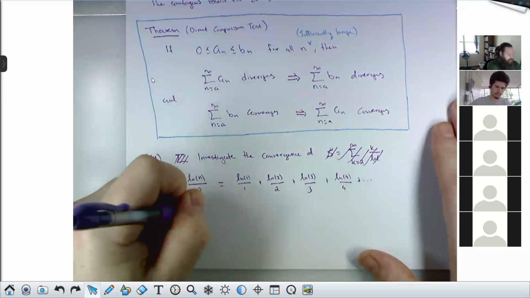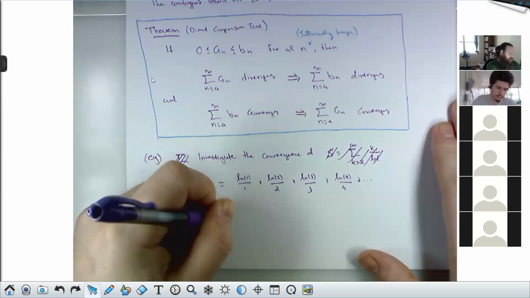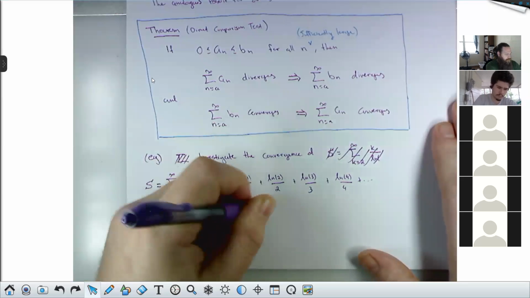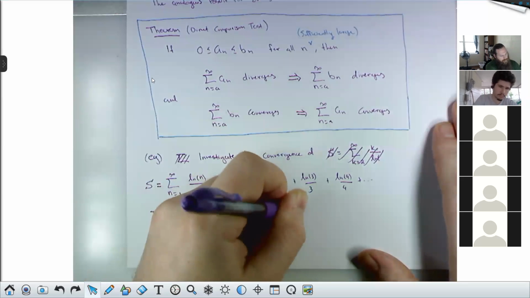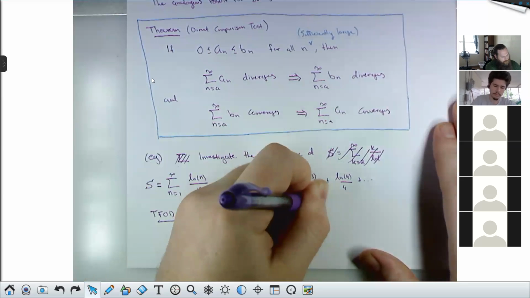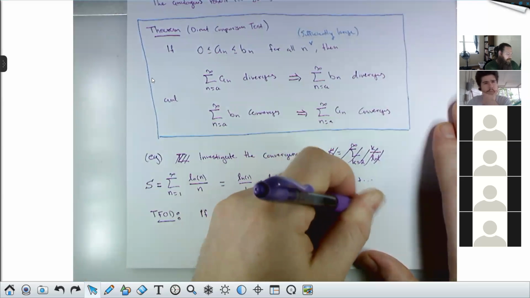This says, if the limit as n goes to infinity of an is not 0, then sigma n from wherever to infinity of an diverges.